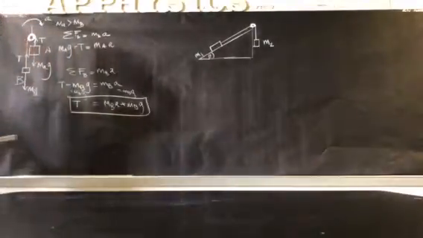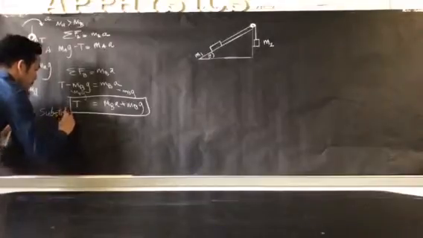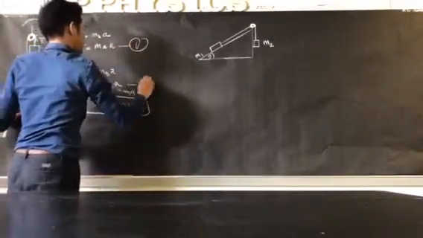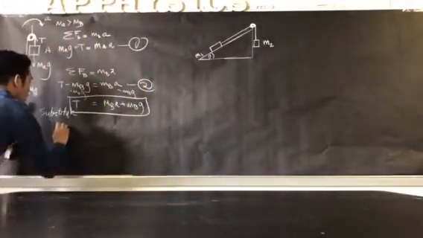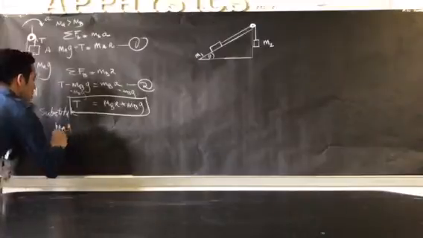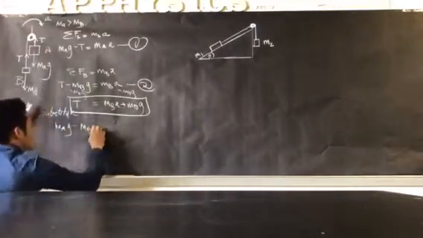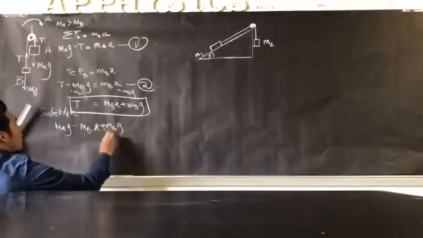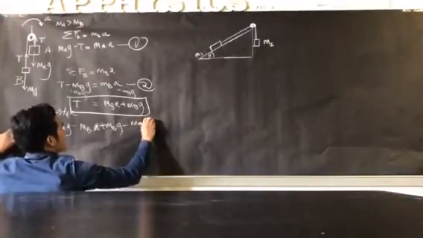Now I'm going to substitute this into the first equation. This is the second. So I'm going to write it down: m_A g minus T, which is m_B a plus m_B g, the weight of mass B, is equal to mass A times a.